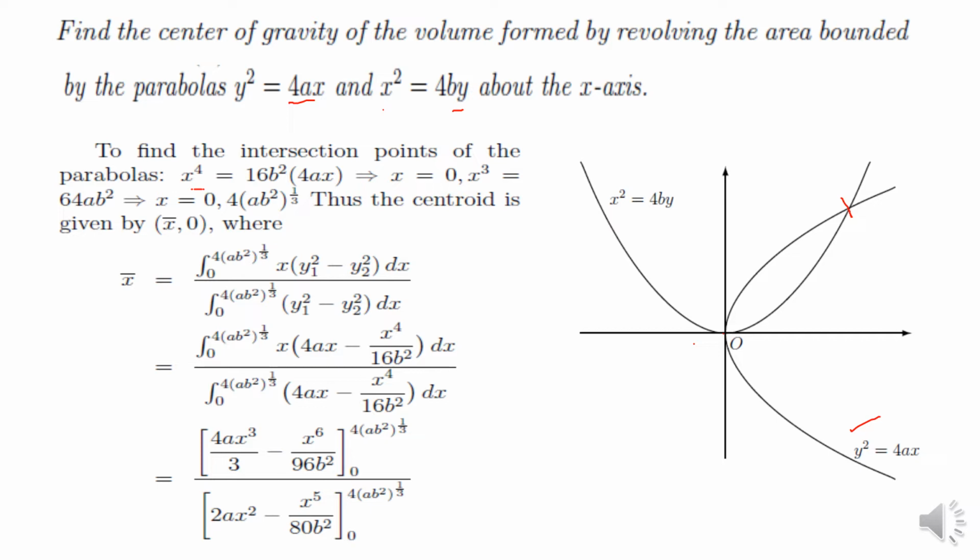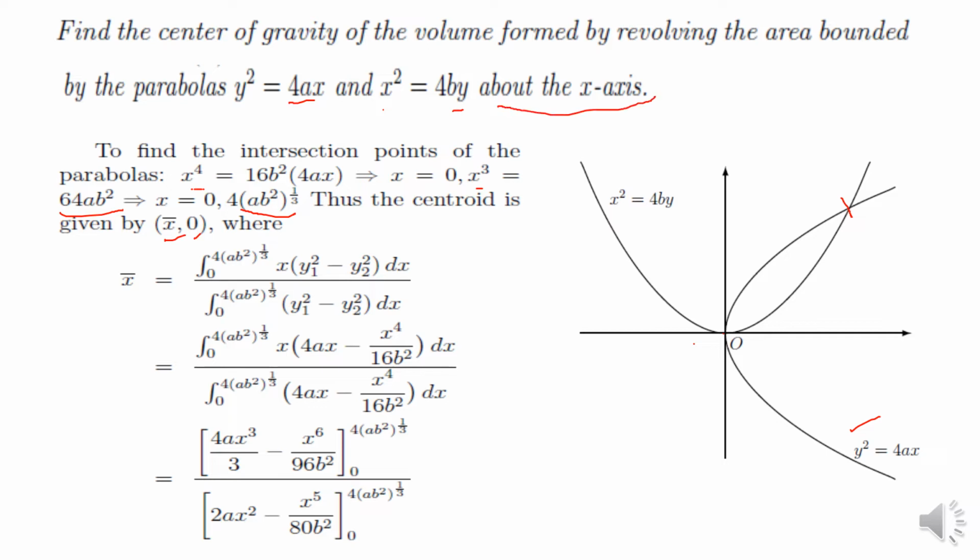We take x as common, so x equals 0, or inside, x cubed minus 64ab squared equals 0. So from this equation, x cubed equals 64ab squared, and x is (64ab squared) to the power 1 by 3, which means we are taking the cube root of 64ab squared.